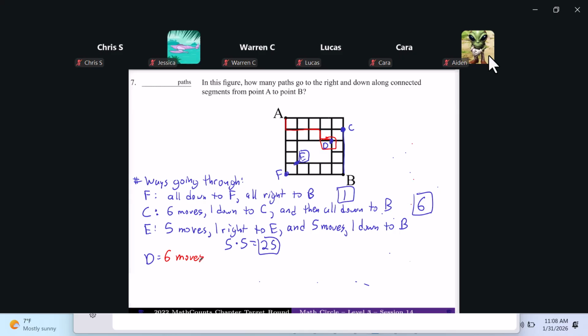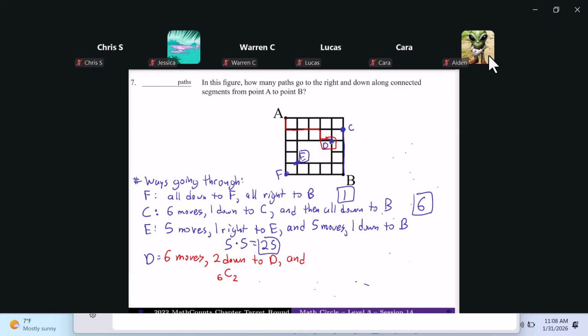In any of the spots in those 6 moves, I can go down. I have to go down 2 times out of those 6 moves, so 2 are down in order to get to D. I can put those 2 down moves anywhere in 6 positions. This is combinations, a counting thing. This is C of 6, 2, right?